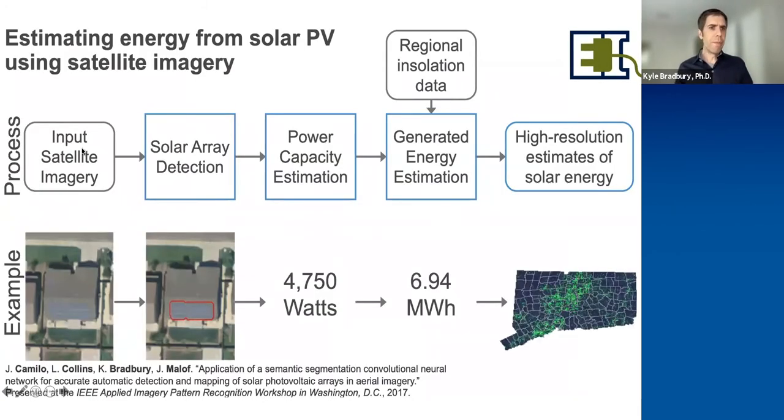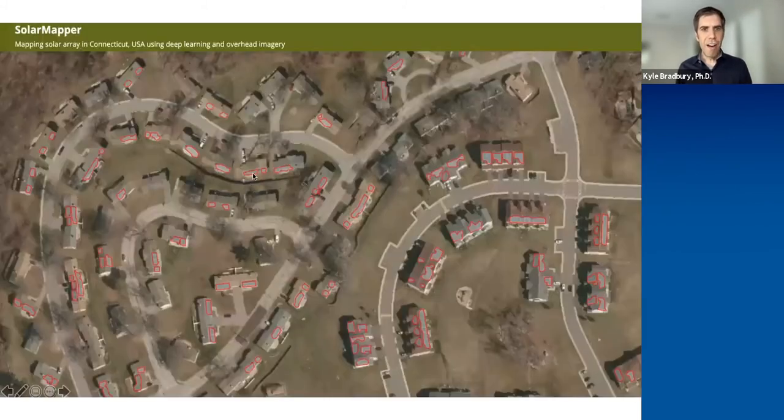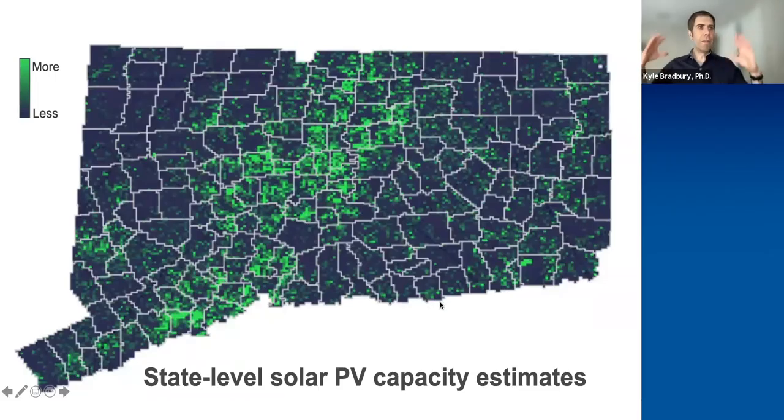We've taken a satellite image, used computer vision to identify the solar panel, then mapped that through a regression to estimate power capacity of that solar panel, and combined that with how much sun hits the solar panel to estimate electricity that's generated. So we can take this, identify our individual solar panels in imagery, and then develop larger scale estimates of where those solar PV arrays exist, and potentially say how much energy they produce.